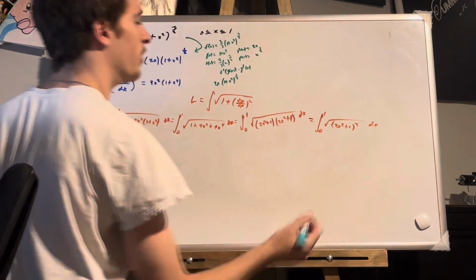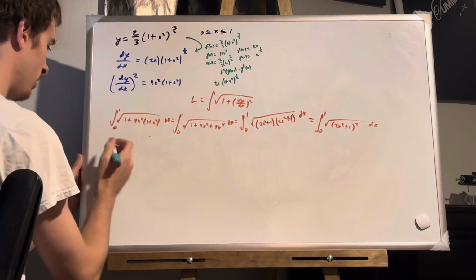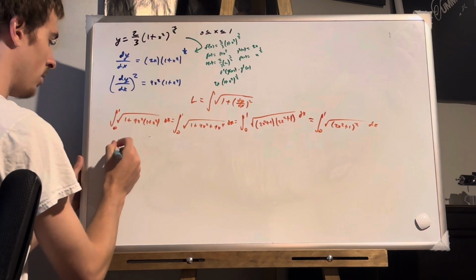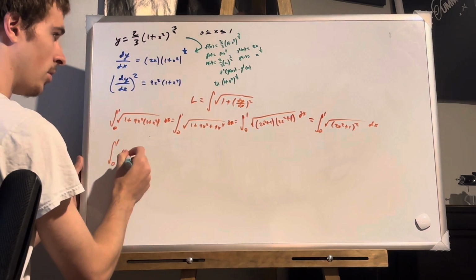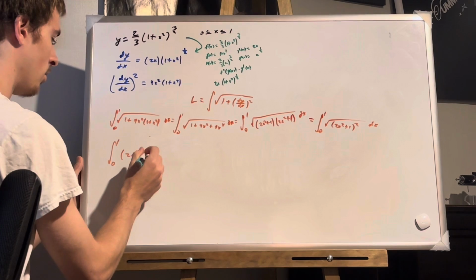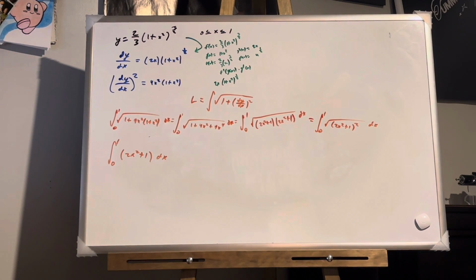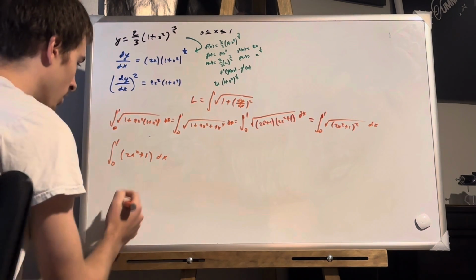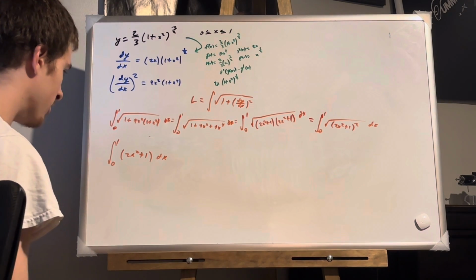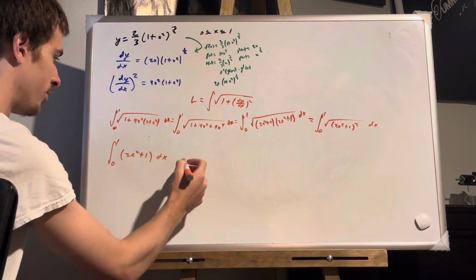Look how spectacular that is, because then this becomes the integral of 2x squared plus 1. Check that out. Now we can integrate that. So let's do that.